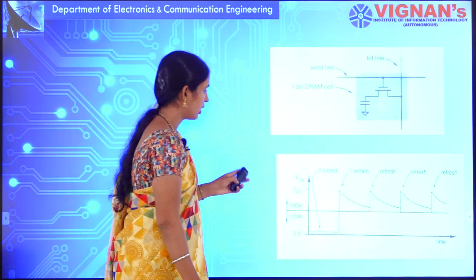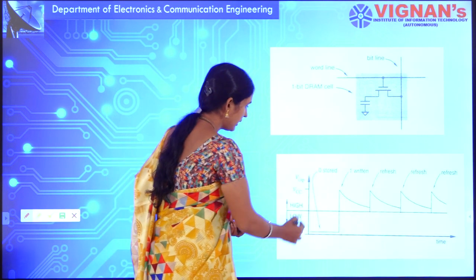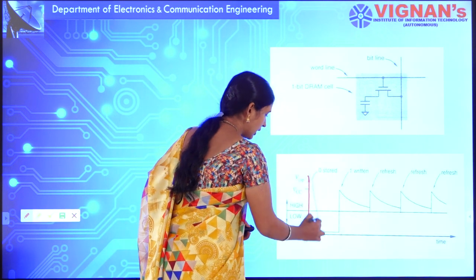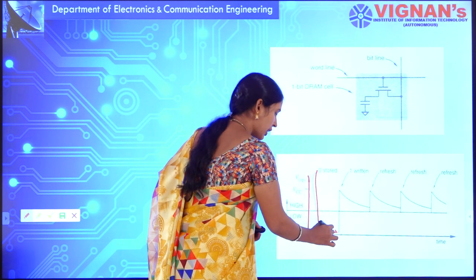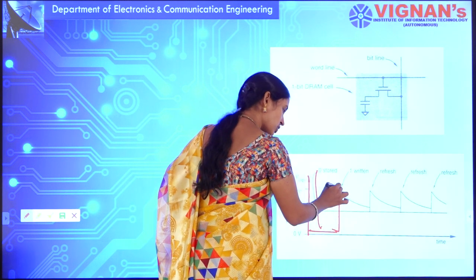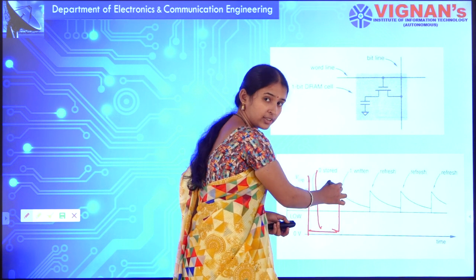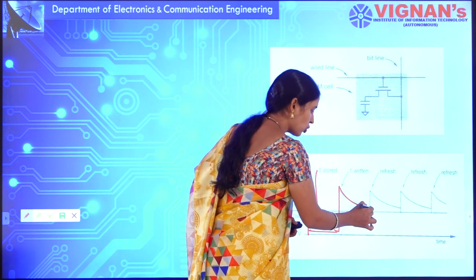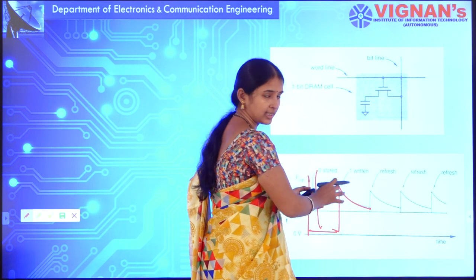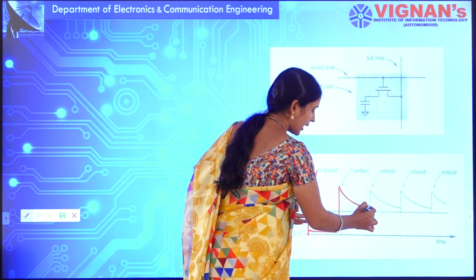This is your DRAM. See here, this 0 indicates nothing but 0 being stored. When the capacitor is fully charged, it is nothing but 1 being written. Now the capacitor starts discharging slowly, and whatever data is stored is output.